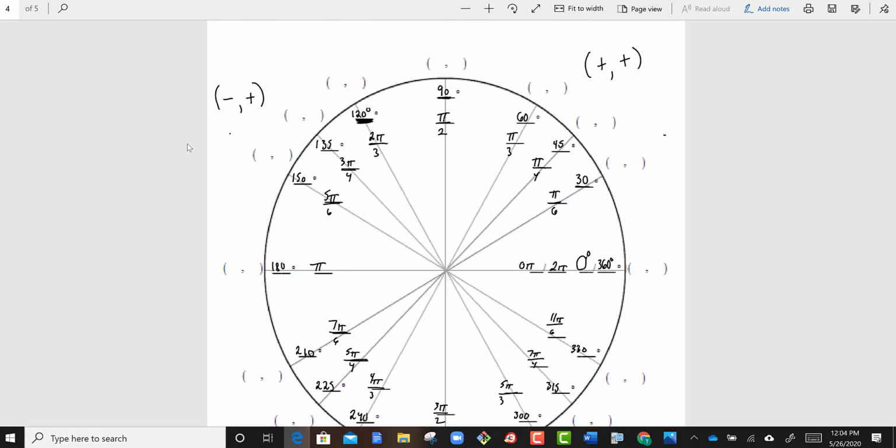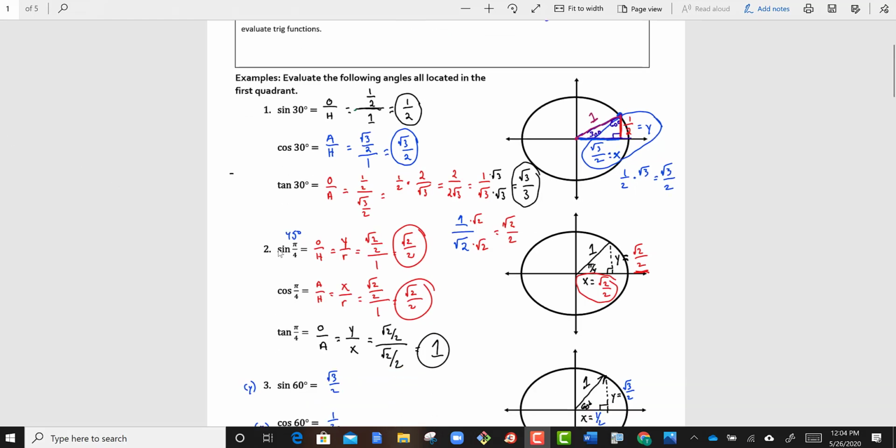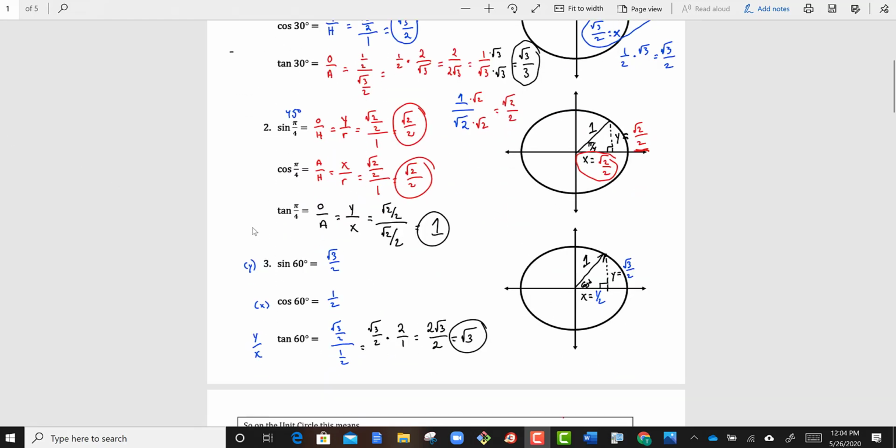So you still have to know your special right triangles for 30, 45, and 60. But we've done that in a previous video, so let's go back to our answer. And here were our answers at the sine of 30, 45, and 60.